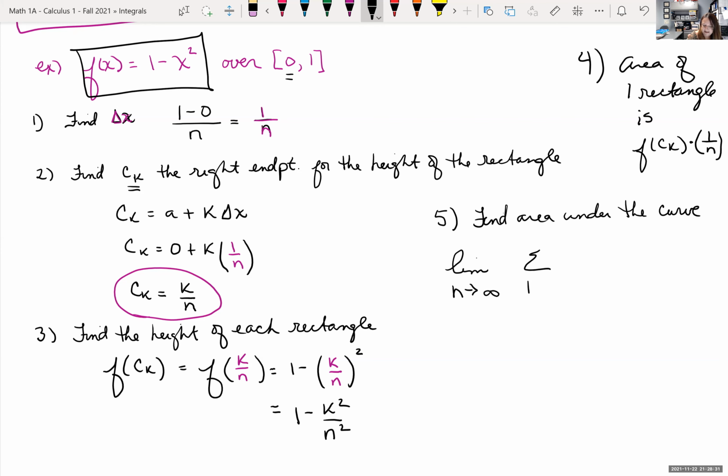We're starting when k equals 1, and we're going to k equals n of f of c sub k, which we already found, right? That's that 1 minus k squared over n squared, all times 1 over n.